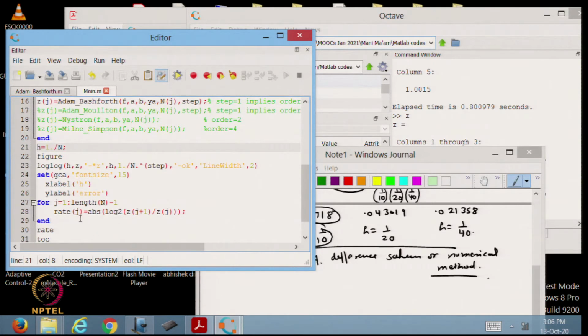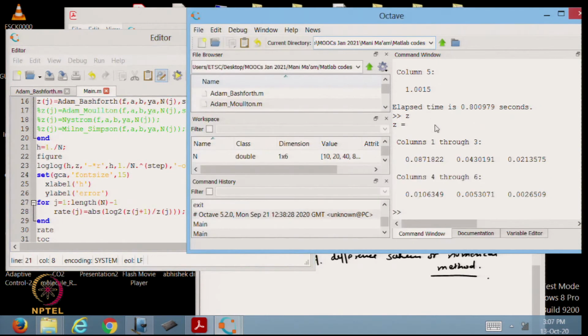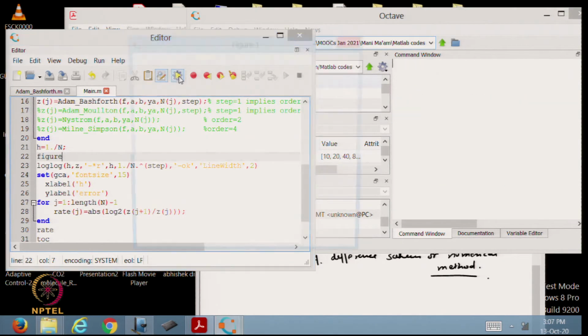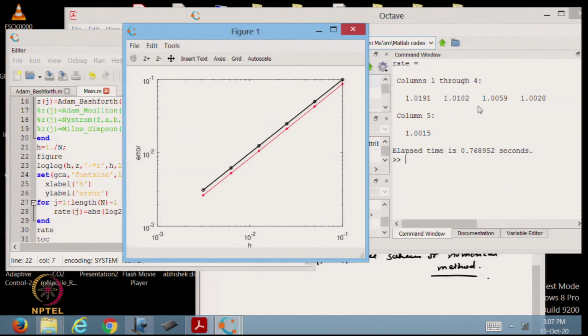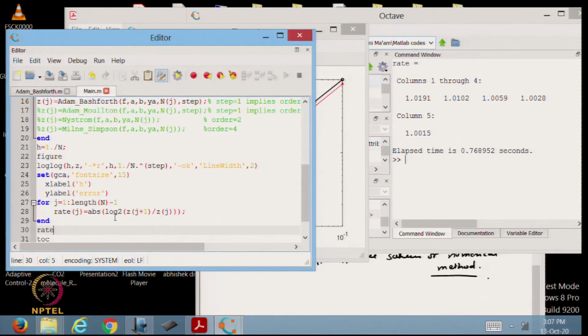So, basically when I run this code, you will see the rate here. The rate is first order, which means the forward Euler method is first order accurate. That is what we have done with the absolute value of log 2 of zj plus 1 and zj.